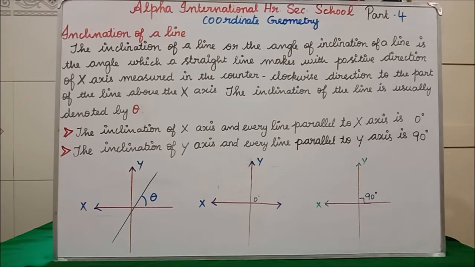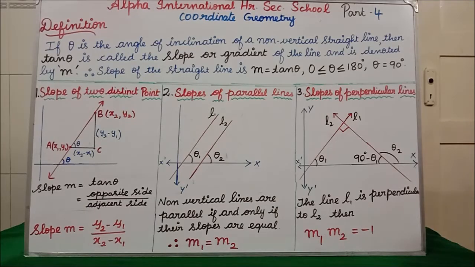Clear all of you? Next we are going to see the definition of slope. Now we are going to see about the definition of slope. If theta is the angle of inclination of a non-vertical straight line. I have told you how this line varies, so it is coming like this.